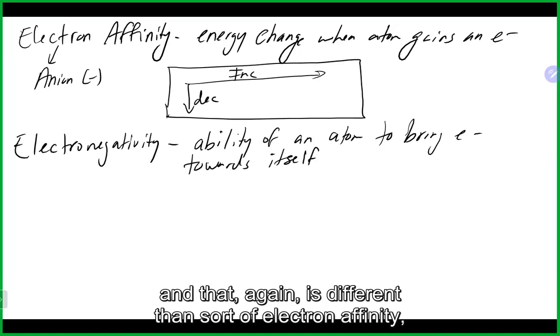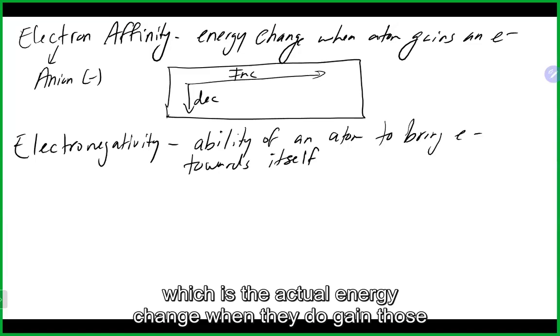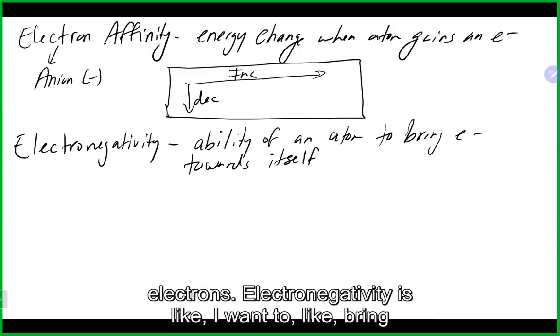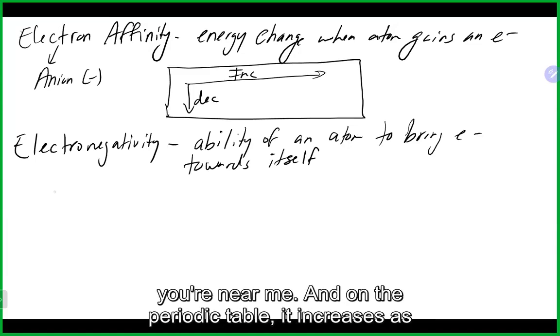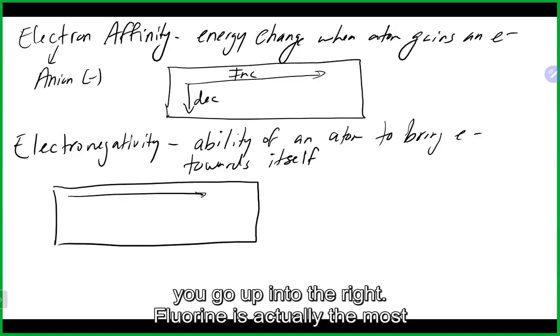And that again is different than electron affinity, which is the actual energy change when they do gain those electrons. Electronegativity is like, I want to bring electrons towards me. I want to take your electrons if you're near me. And on the periodic table, it increases as you go up and to the right.